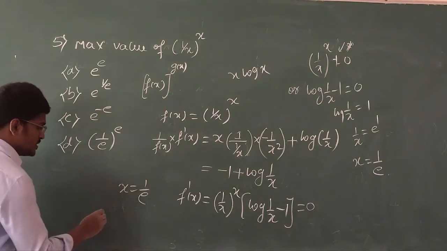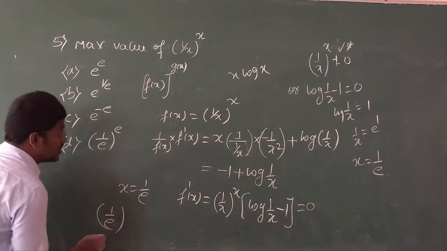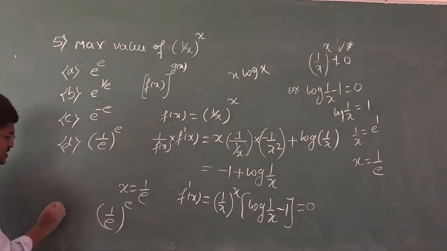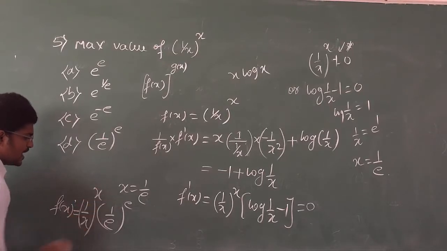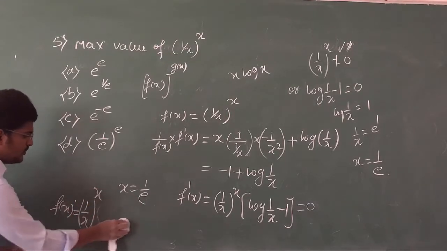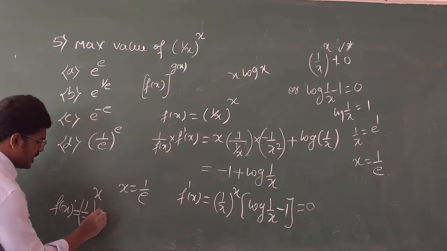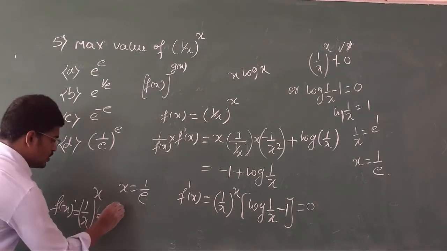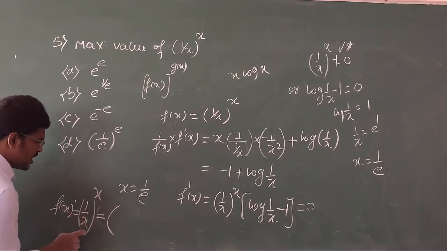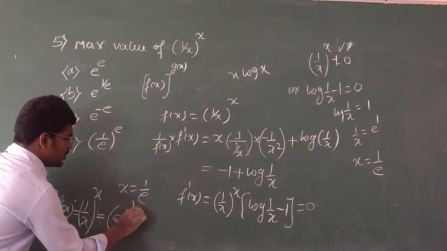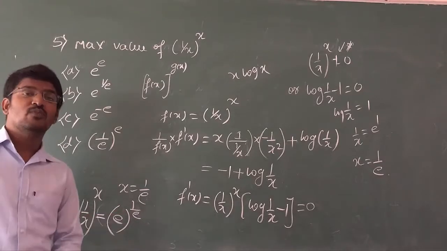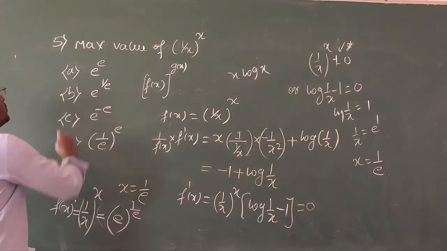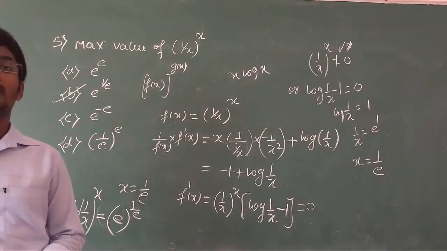So that is 1 by e whole to the power of e, because f of x is 1 by x whole to the power of x. If in the place of x I write 1 by e, it will be equal to 1 divided by 1 by e, that is e to the power of 1 by e. Clear? So e to the power of 1 by e will be the maximum term, that is option B.